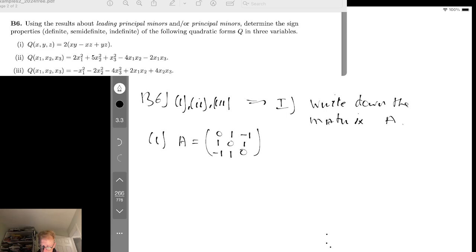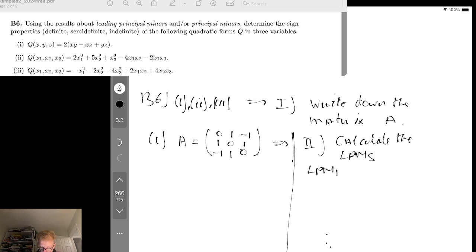So that's step 2. Step 2 is calculate the LPMs. So in this case, that's LPM 1, which is the top left corner. So here LPM 1 is 0.